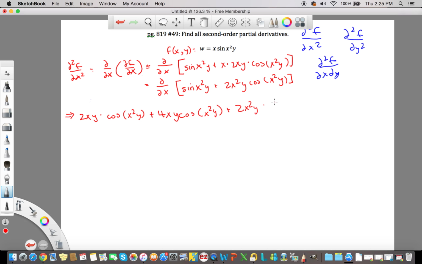So the derivative of the inside is going to be 2xy times the derivative of the outside. So the derivative of cosine is going to be negative sine, and we're going to evaluate that at the inside, x squared y. Okay, so let's clean this up a bit.